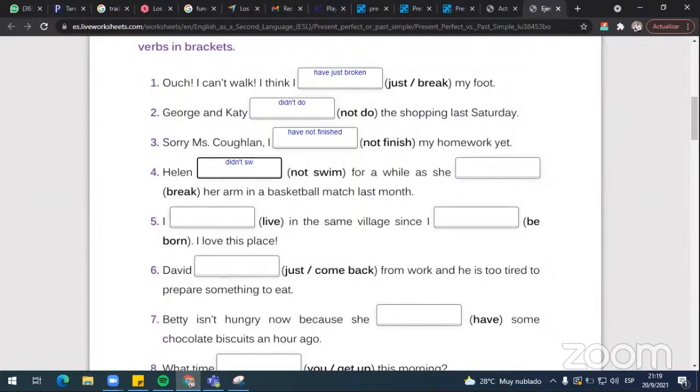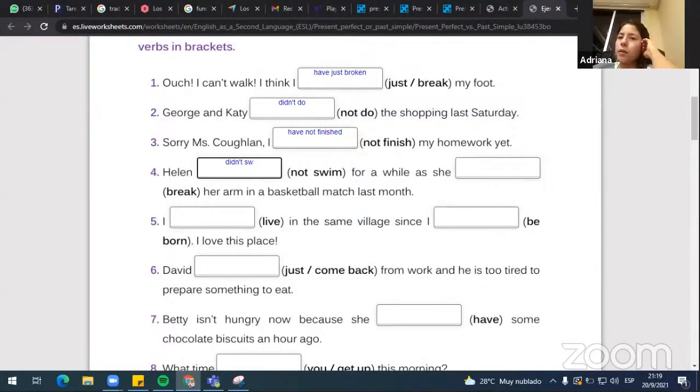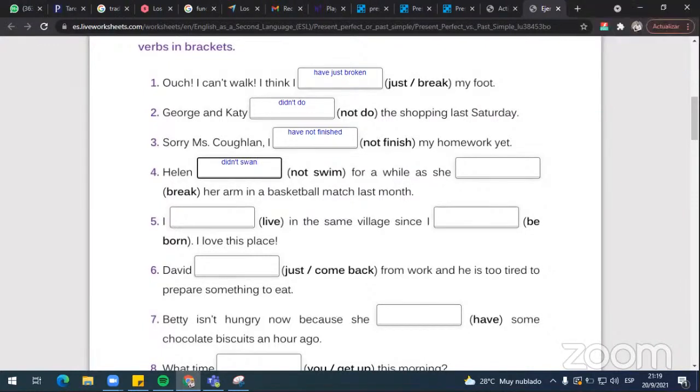A ver, otra vez. ¿Qué dices? Swam, teacher. It's not past simple because it's not over. We're seeing the result that she hasn't practiced swimming for a while.